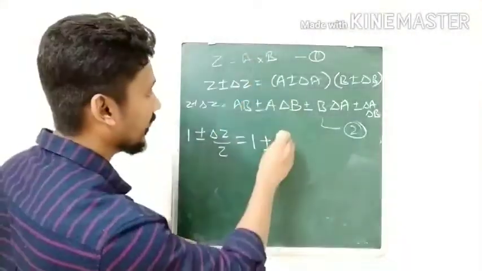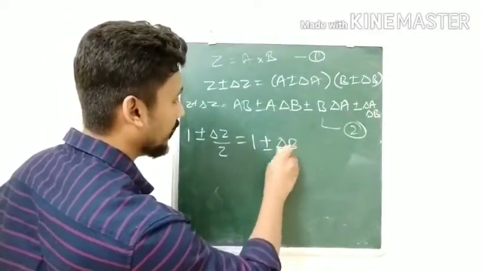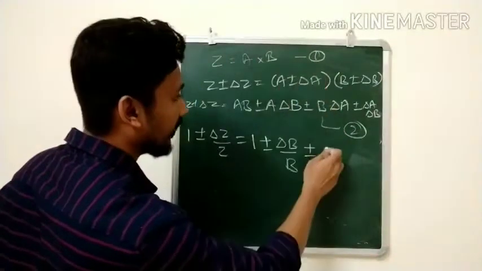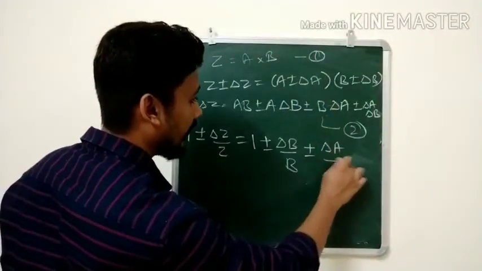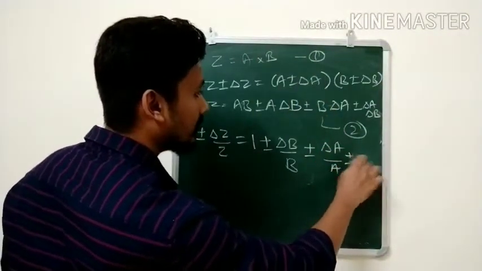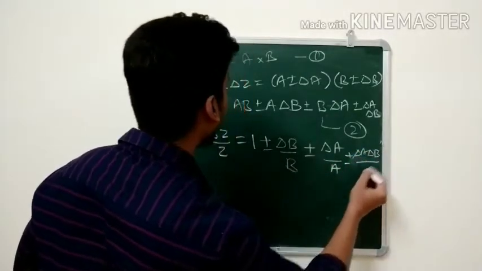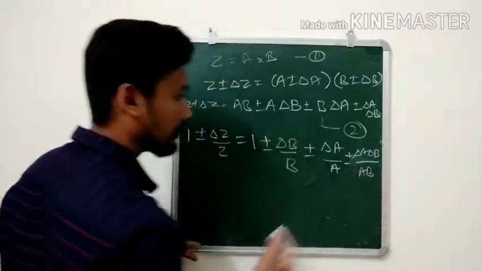Here A will get cancelled and I will get delta B upon B. Here plus or minus, this B will get cancelled, so we get delta A upon A, plus or minus delta A delta B upon AB.